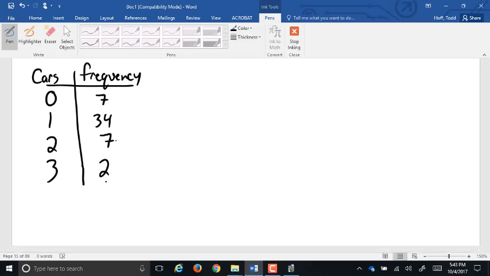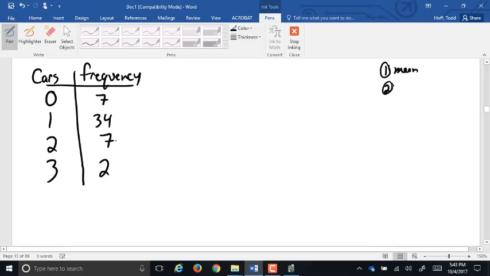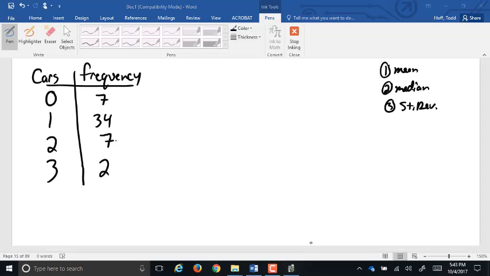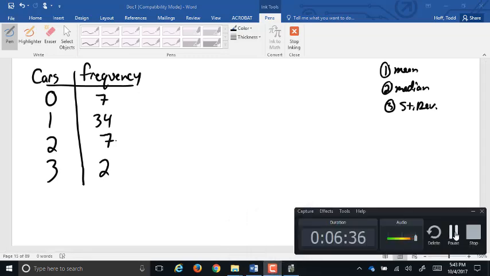Find the mean, median, and standard deviation. I'll give you a few minutes to work on that.